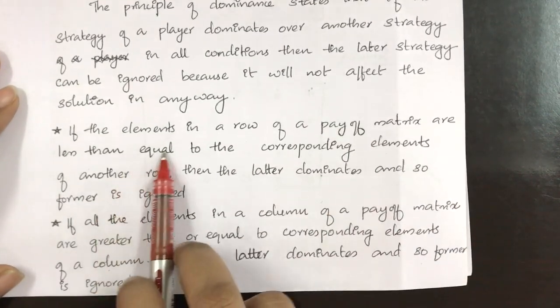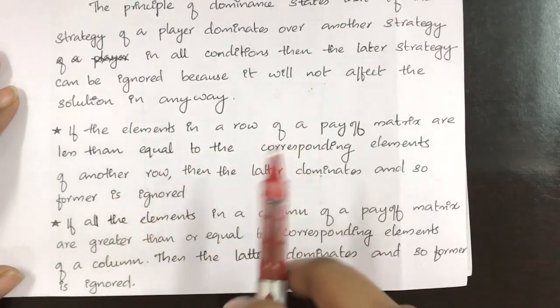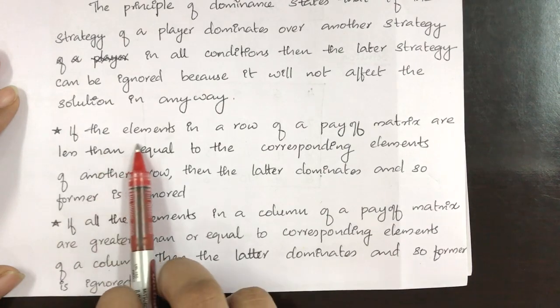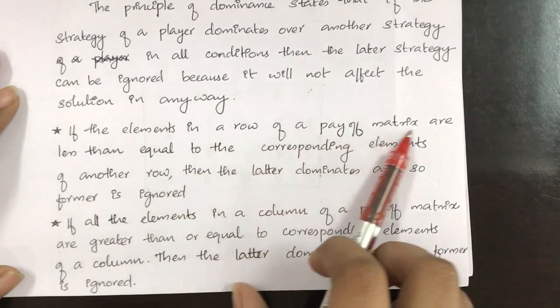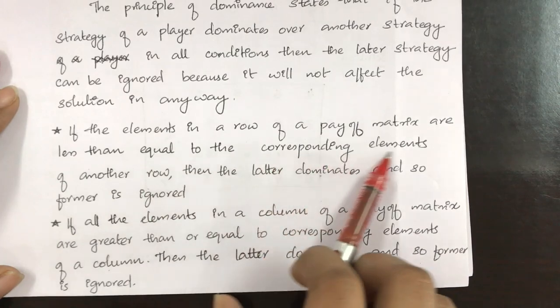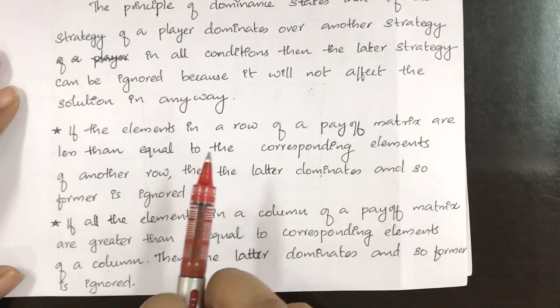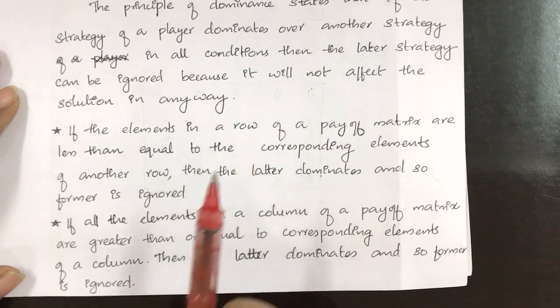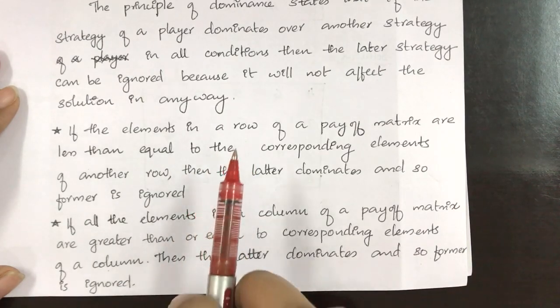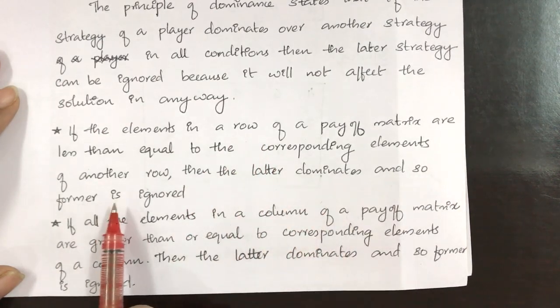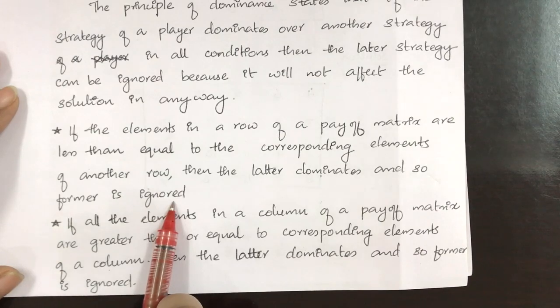If we are comparing rows, that is the strategies of A: if the elements in a row of a payoff matrix are less than or equal to the corresponding elements of another row, then the latter dominates and so the former is ignored.